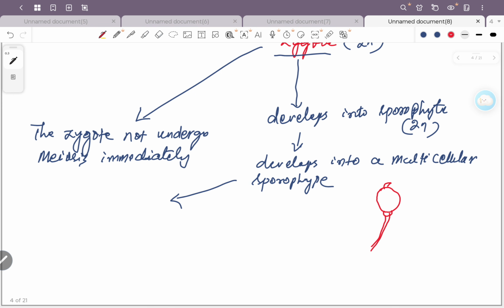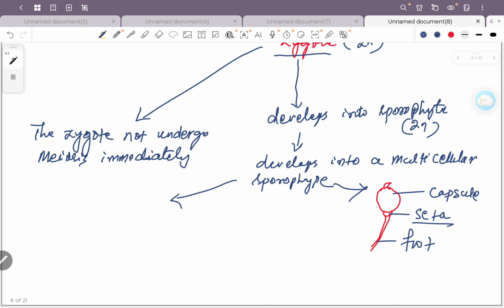Okay, so this is foot by which it remains attached to the gametophyte. Then this is seta, the basal part, and this is the main part, that is the capsule. So the sporophyte has three parts.